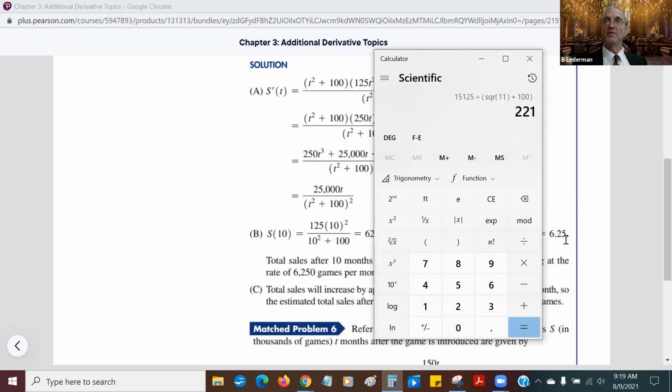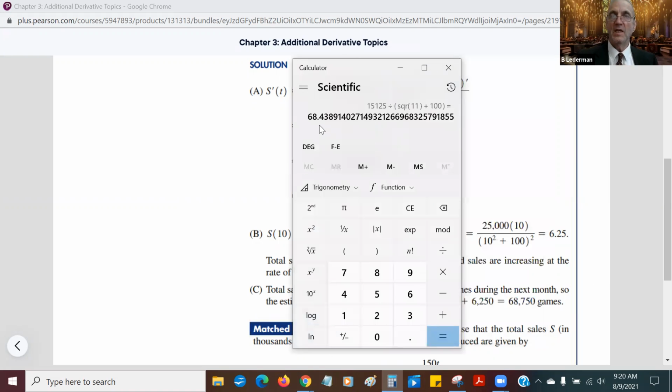And so I'm dividing by 221, and I'm going to get 68.43, or 68.438, which will be 68,438 games. And our quick estimate by just adding was 68,750.